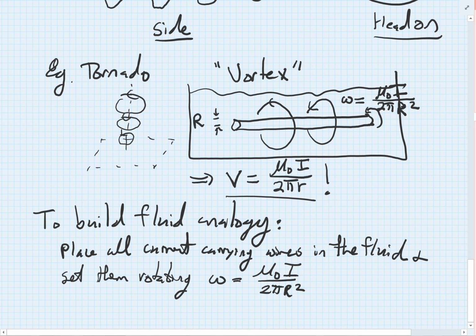If you do all of that, then the velocity flow in the fluid will be exactly numerically equal to the magnetic field that those wires will generate when you allow the currents to go through them.